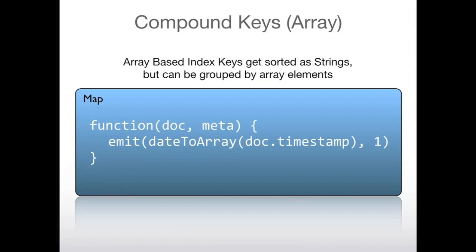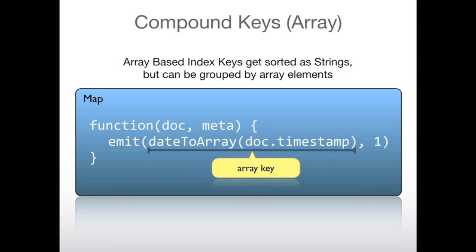So this is called a compound key, index key, and in this case, it's actually an array. Now, array-based index keys are still strings with square brackets on the end. They're still sorted as strings. The index structure of the B+ tree is sorting all index keys like strings, but we can do some things with reduces on arrays by splitting on commas, and we'll talk about that a little bit.